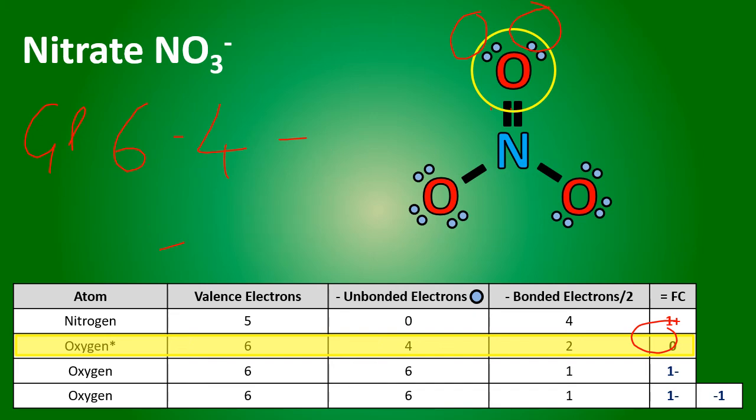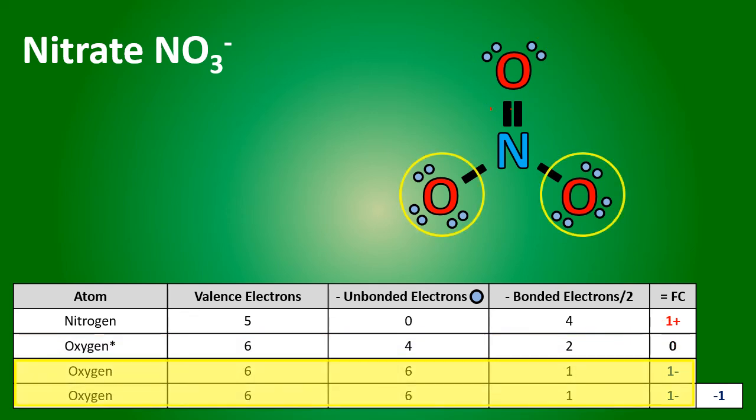The other 2 oxygens, they're identical, but they're different to this first oxygen. So let's have a quick look. Here we're still in group 6, but we minus 6 unbonded electrons, the 6 electrons that make up the 3 lone pairs, minus the 1 bond.